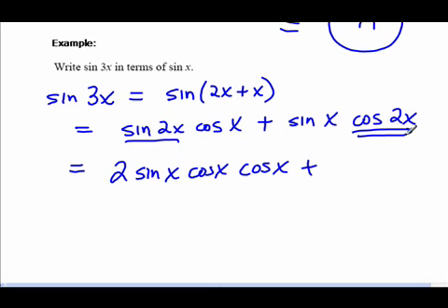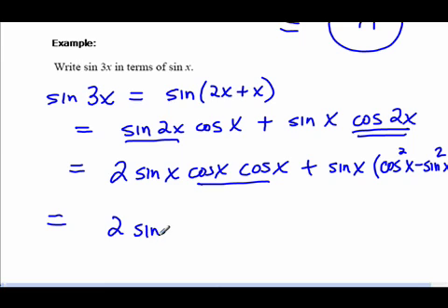So on the right hand side we have sine x times cosine squared x minus sine squared x. So to clean this up a little bit, on the left hand side we're going to multiply these two together to get a cosine squared.